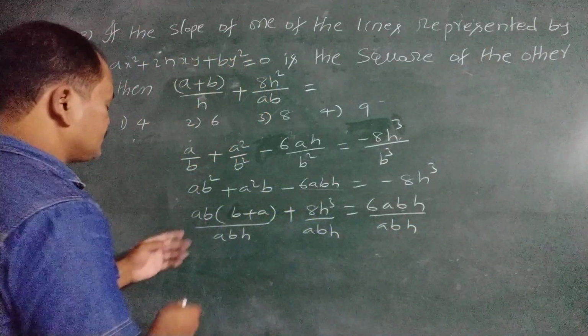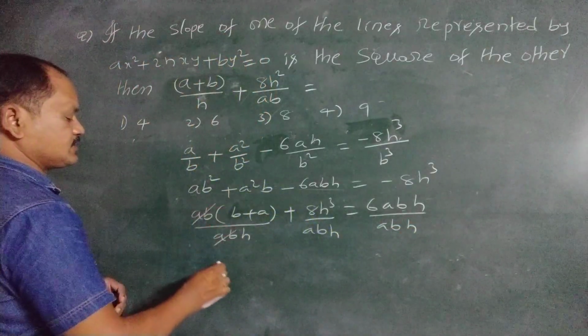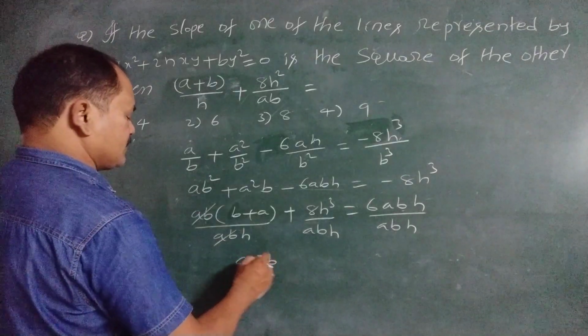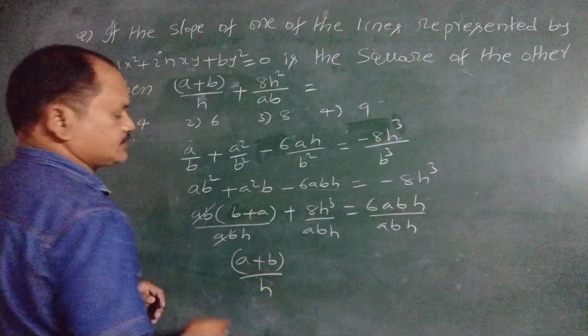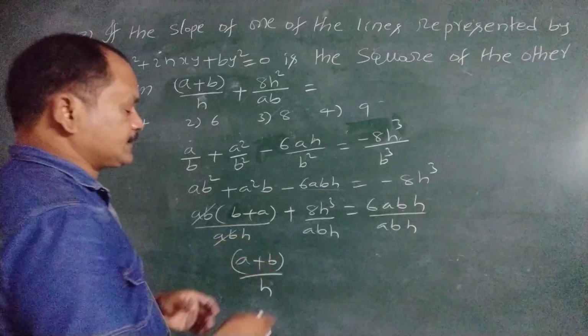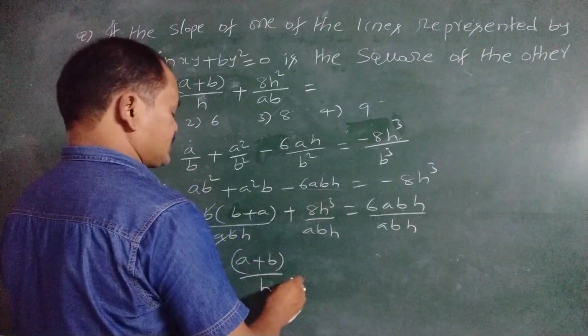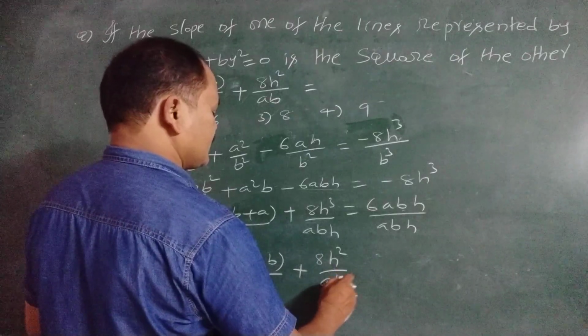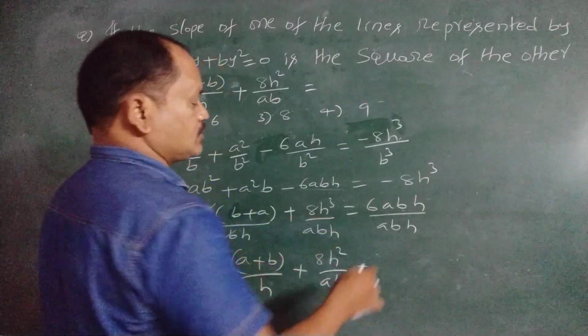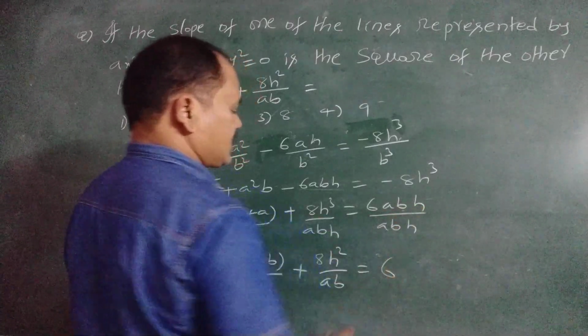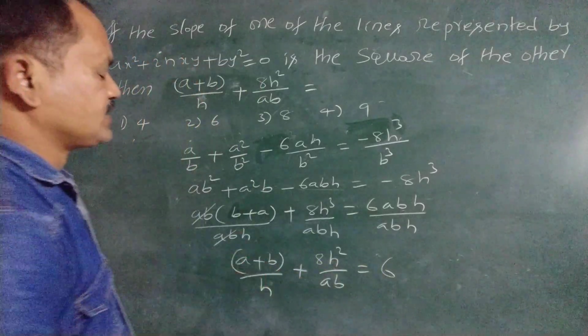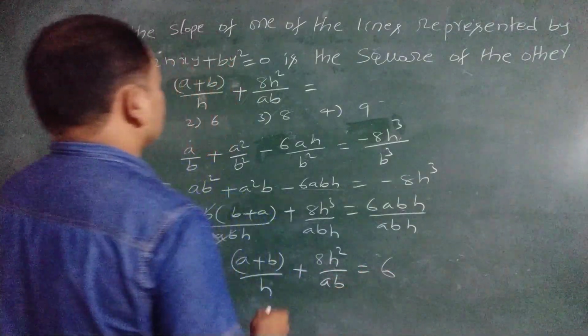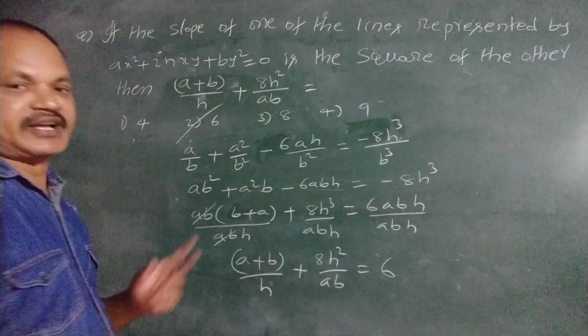Clear? Then here ab gets cancelled, so (a + b) by h, here h gets cancelled, plus 8h square by ab is equal to, here abh gets cancelled, 6. That's why the answer is 6. Which option is that? That is the second option.